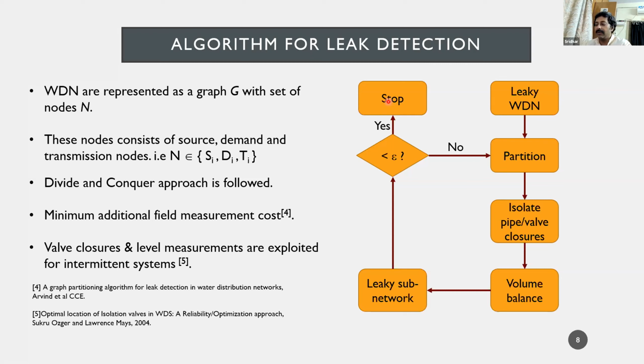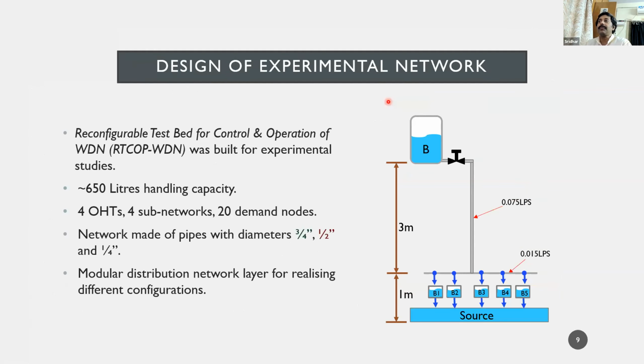We were very excited that we could come up with a nice theoretical method, followed by experimental validation of this approach. In our lab, we have set up a fairly complex, and I would say one of its kind, water distribution demonstration network. It has an overhead tank of around 600 liters, and there are 4 overhead tanks of around 100 liters, and all the pipe fittings are of ½ inch, 3/4 inch, and 1/4 inch.